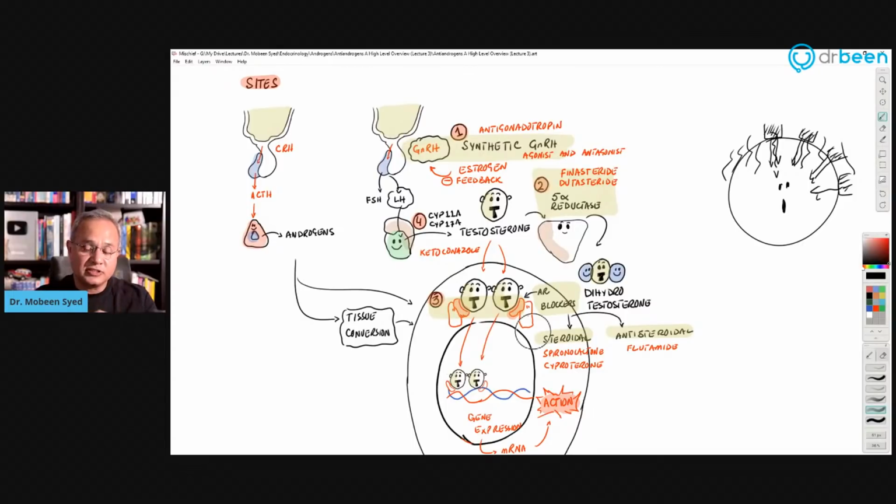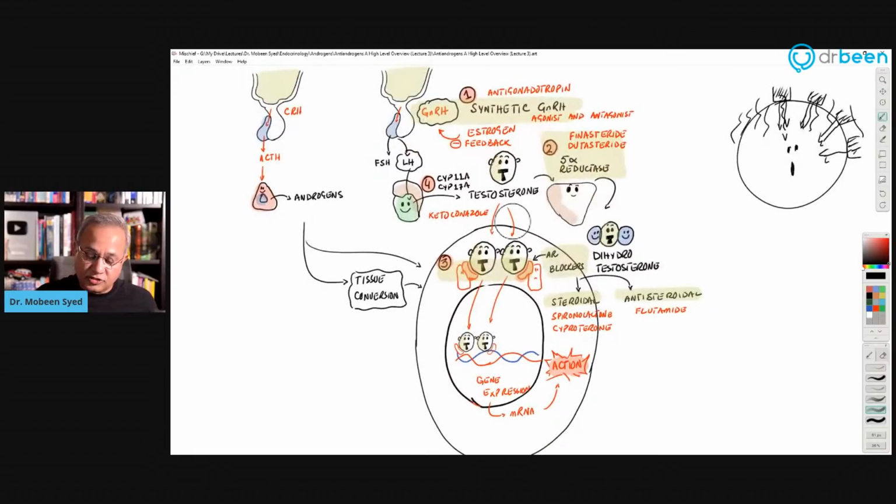So what you do is add androgen receptor blockers. That means that even if there is more testosterone now, even more dihydrotestosterone, because you've given receptor blockers, that extra production or even normal production will not work.